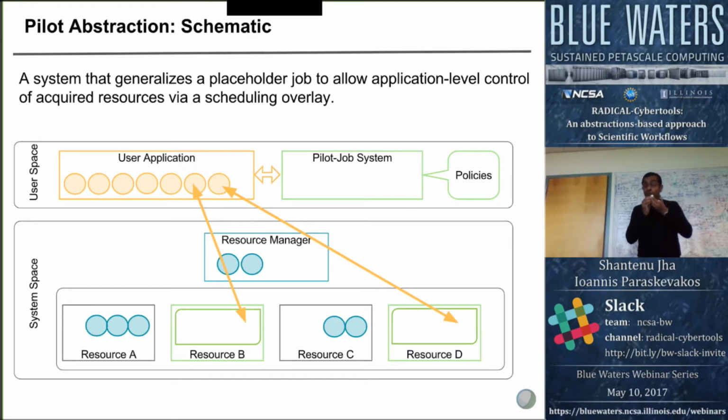And this concept is very important for workflows because now the workflow has complete control of the resources, but hasn't been bound to determine how to use that resource. And that's the next step, please. So once the resource has been acquired by the workflow system, it can then decide when to submit tasks and, importantly, where.